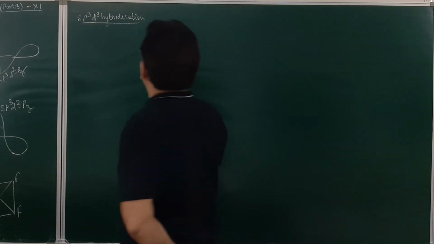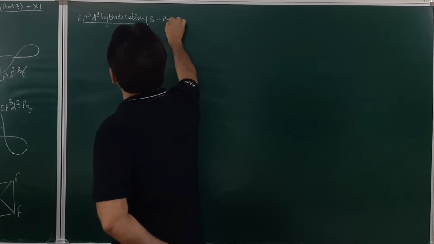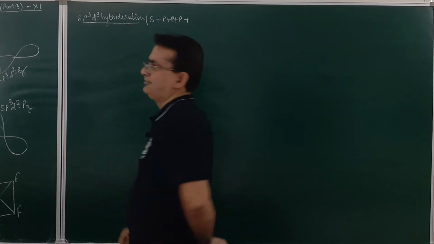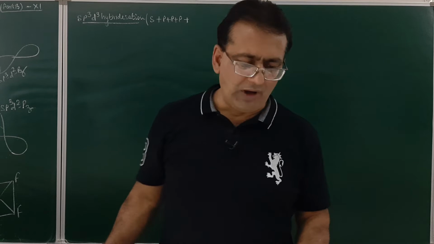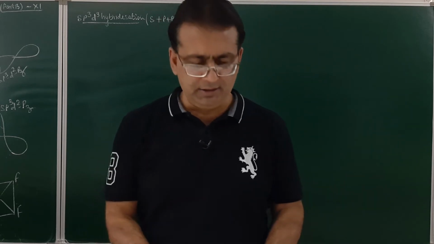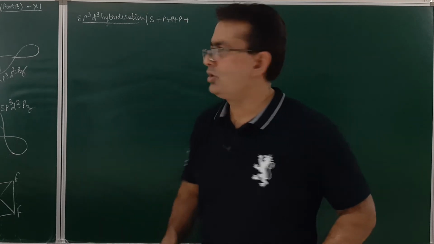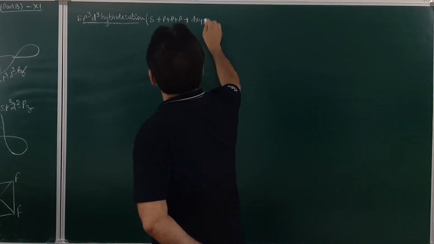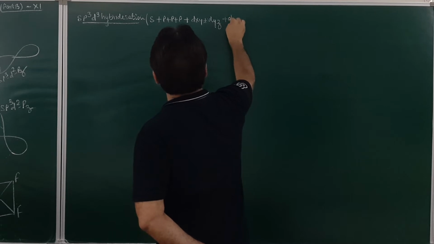How? It will include the mixing of one s, three p and three d orbitals. What are these d orbitals? This will be dxy, dyz and dz square.